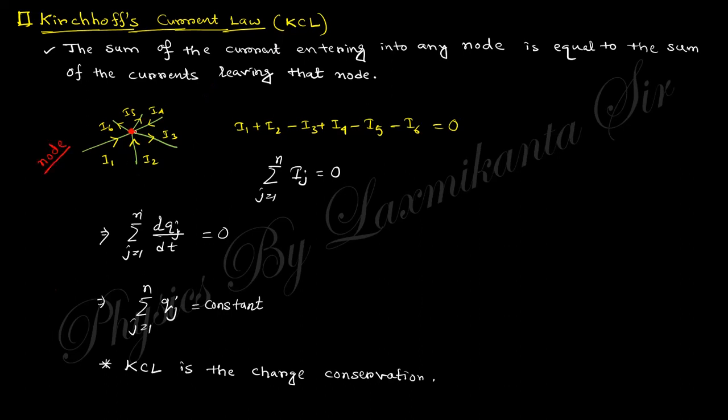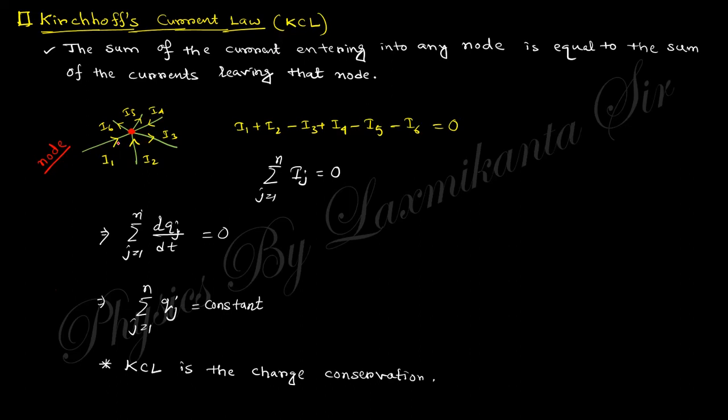If you consider a node within a linear network circuit, then the total current at this point must be 0, where the incoming current is taken as positive and the outgoing current is taken as negative.